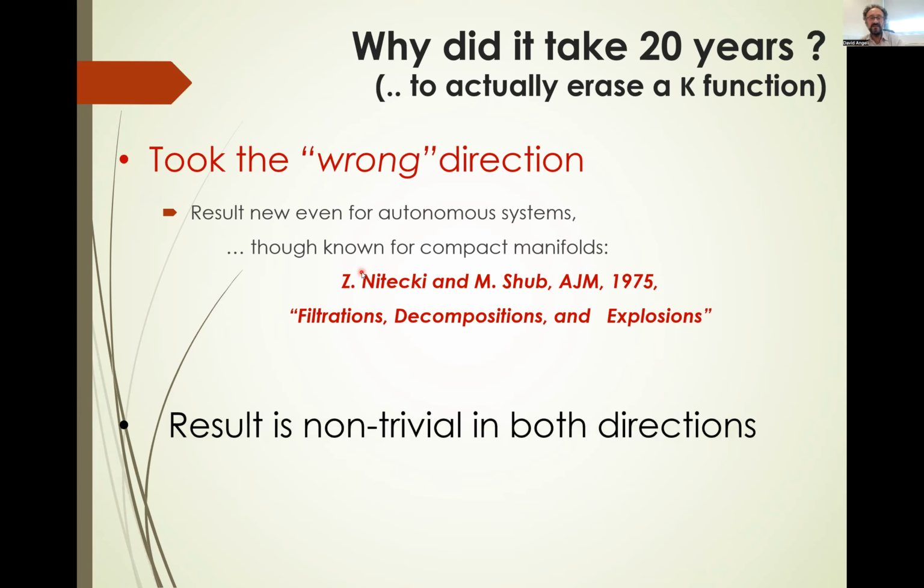And in fact, the result is also non-trivial in both directions. Normally in Lyapunov results, one implication is easier to prove than the converse theorem. But this time, even the forward part of the implication is non-trivial, because there is this difference between the neighborhoods of W and the sublevel set of V. So it's not just based on invariance.